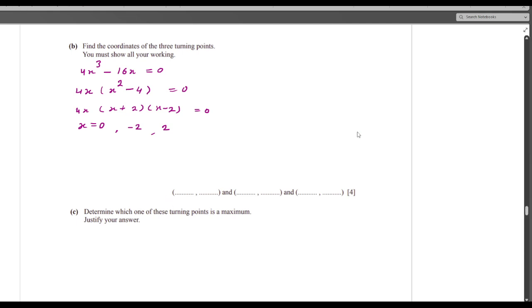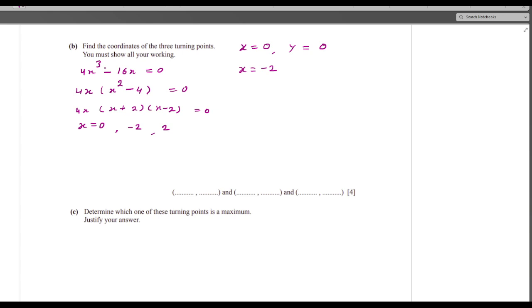Now I have to find the coordinates. So for all these, I have to find out y. For x equals 0, if you substitute 0, you will get 0 for y. For x equals minus 2, if I substitute, minus 2 cube is minus 8. So 4 times minus 8 is minus 32, plus 16 times 2, because minus 16 times minus 2 is plus 32.